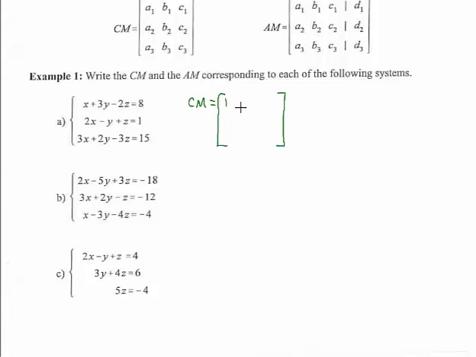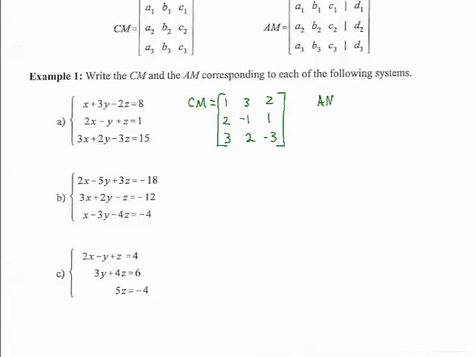We would list the coefficients of equation 1 in the first row, 1, 3, and 2, and the second equation, 2, negative 1, and positive 1, then 3, 2, and negative 3.